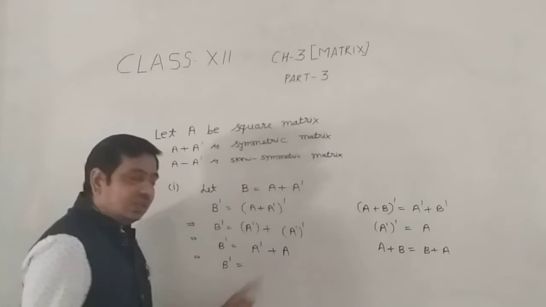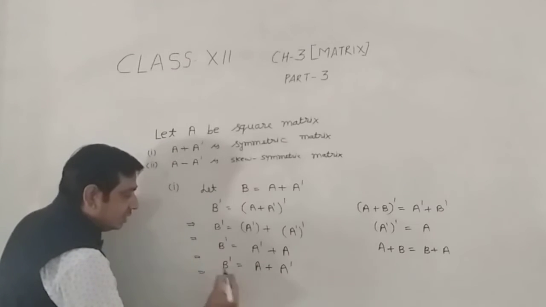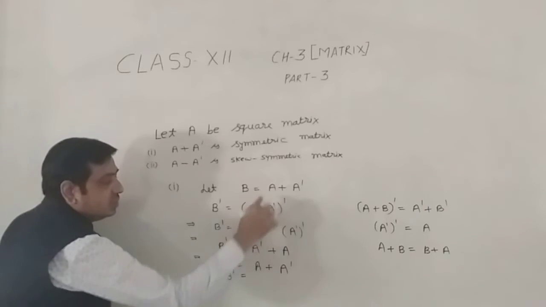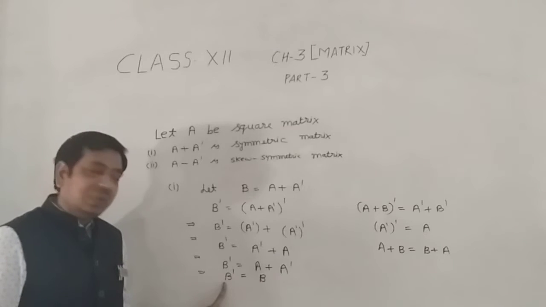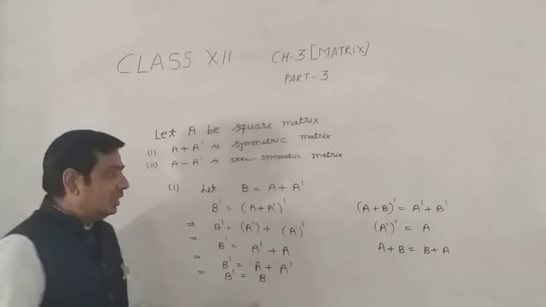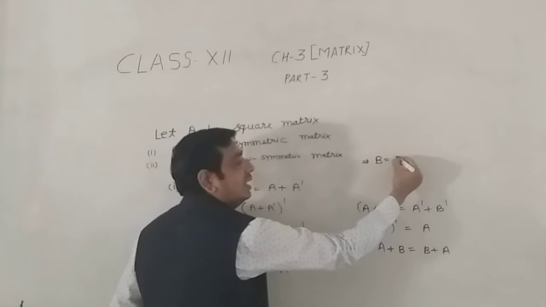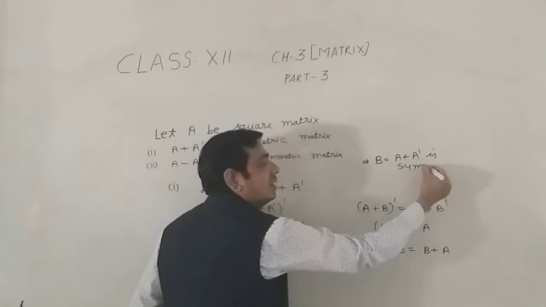Then apply here, you get A plus A dash. Class, this becomes B dash is equal to B. It means if you take the transpose of B, you get again B. This implies B, that is, A plus A dash is a symmetric matrix.